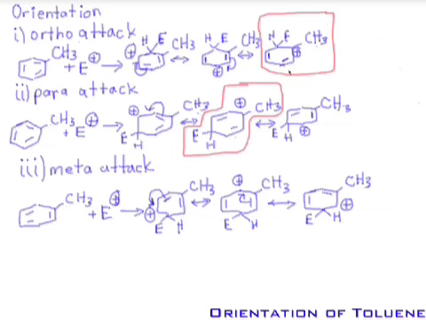Because the positive charge is next door, the methyl is capable of inductive electron donation right into the positive charge. Putting a positive charge beside a group that inductively donates electrons is especially stabilizing.